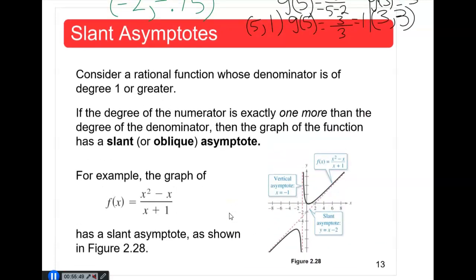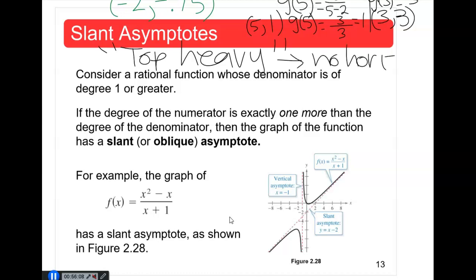So we have here slant asymptotes. So remember, when you have a function that is top heavy, that implies that there is no horizontal asymptote.